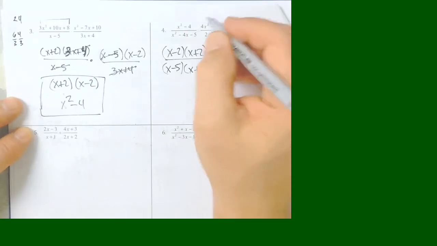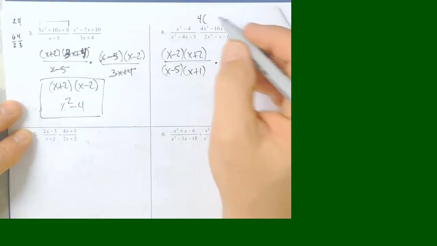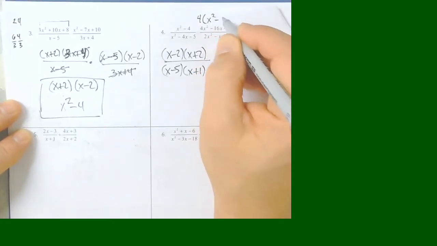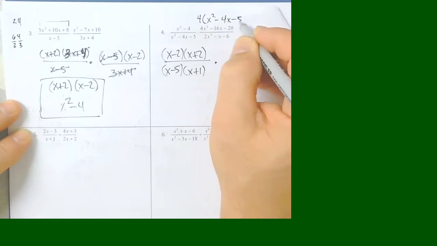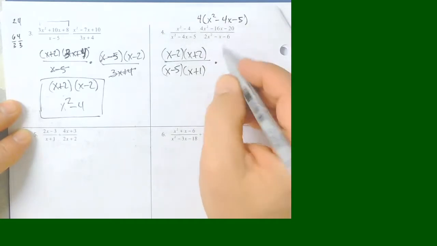times, I'm going to factor the 4 out up here, and I'm going to have x squared minus 4x minus 5. Well, that's nice. I actually could have not even factored this and just canceled those.